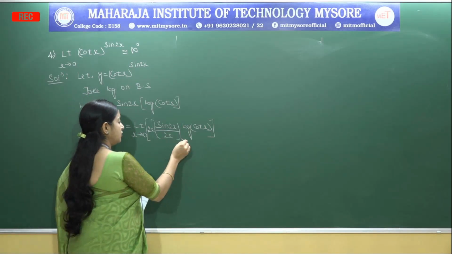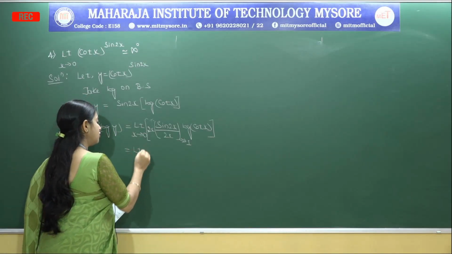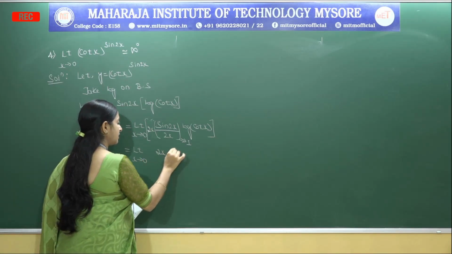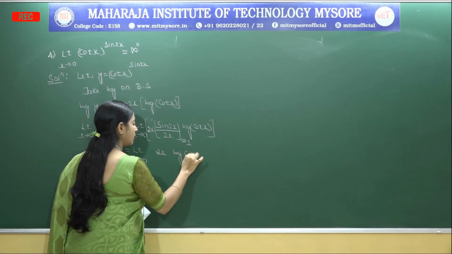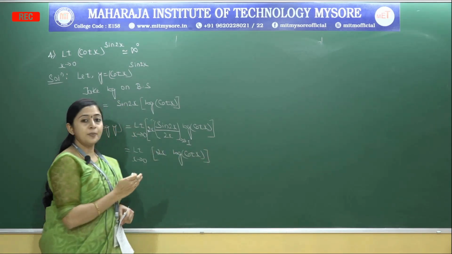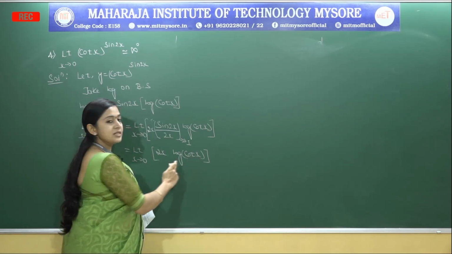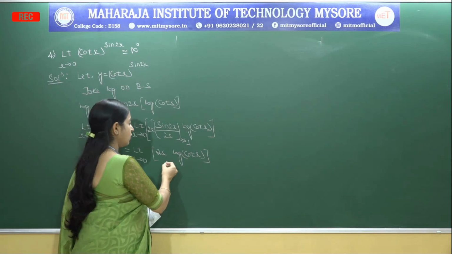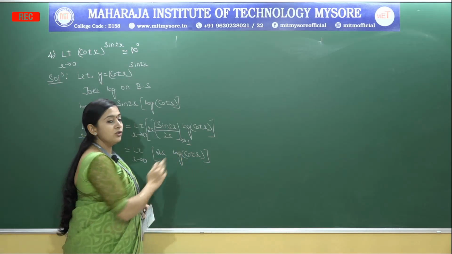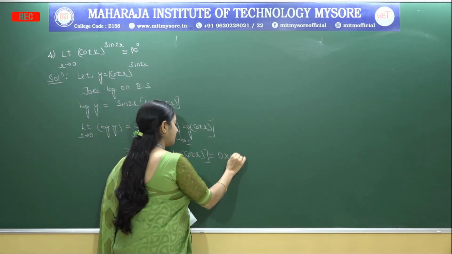When you check that this tends to 1, then the reduced form of this problem is 2x log of cot x. Again apply the limit as x tends to 0, cot 0 is infinity, log infinity is also infinity. So this part 2x is 0 into infinity form. So the indeterminate form takes 0 into infinity.